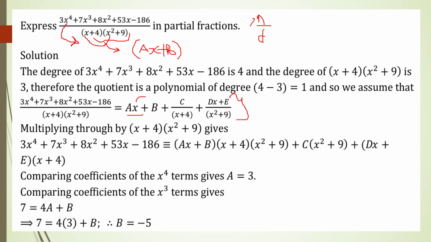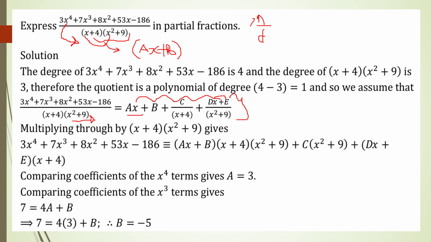Now we continue. If you look at why we wrote here dx plus e, it's because x squared plus 9 is a quadratic, simply because the value of x is raised to power 2, and it cannot be factorized into its constituent brackets. So that's why we made the numerator a linear factor.